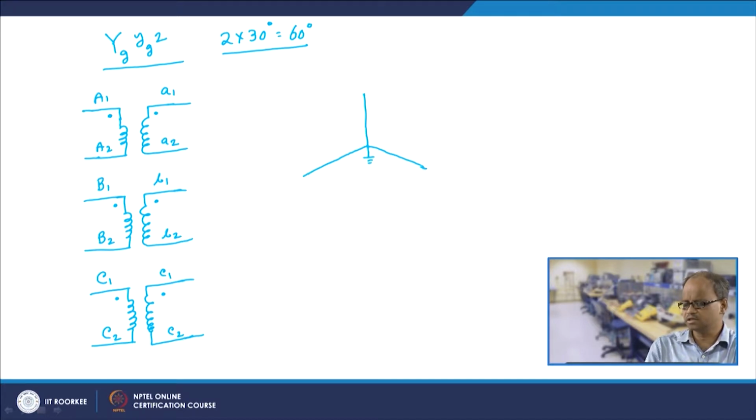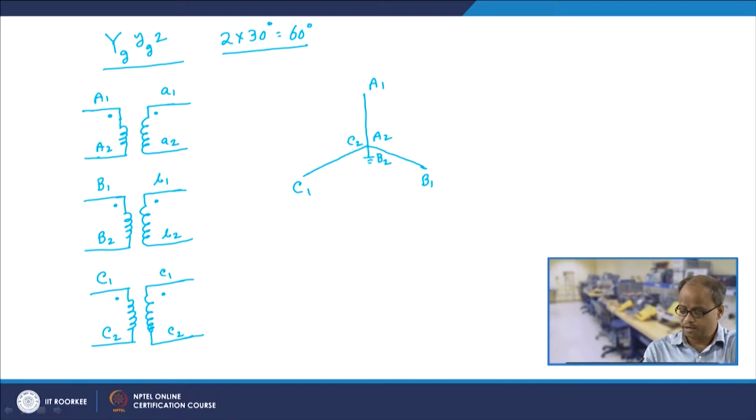Let us say that this is A1 and this is A2, and this is B1 and this is B2, and this is capital C1, this is capital C2.